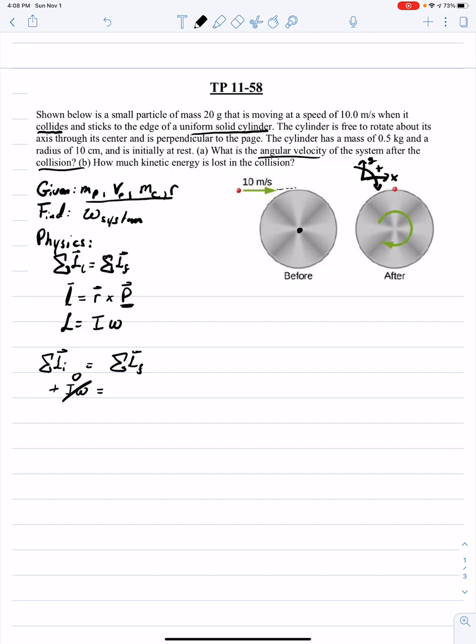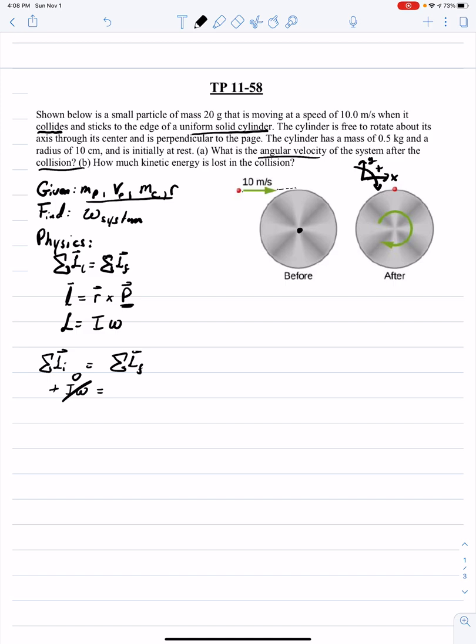And always remember, this is kind of fooling you, because you would think, but wait a minute, the distance from where it's hitting to the axis of rotation is kind of weird, and I'm not really sure what the distance is. Don't confuse yourself. Just think of it this way: we only care about what happens before and after.